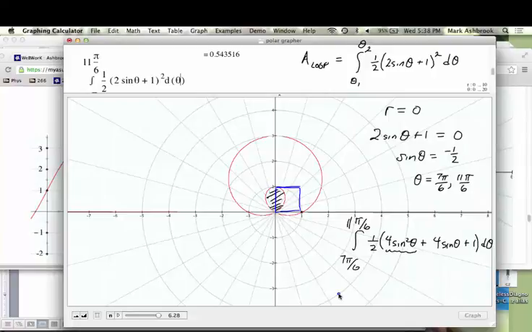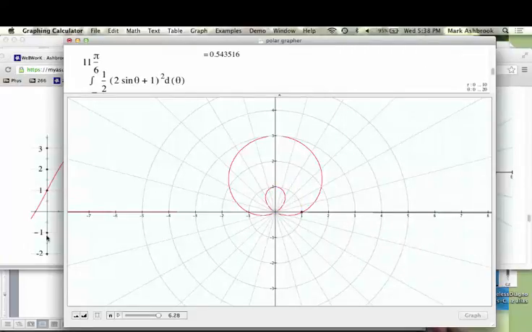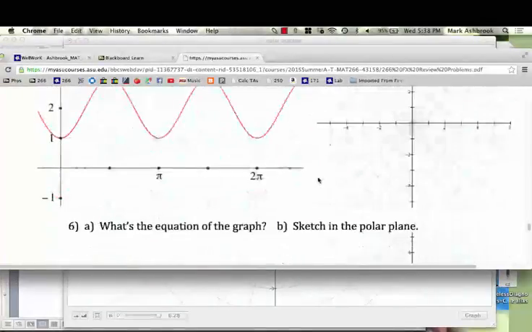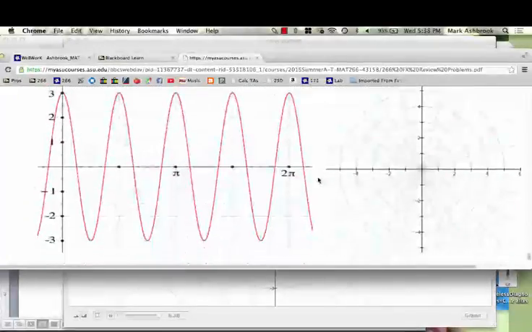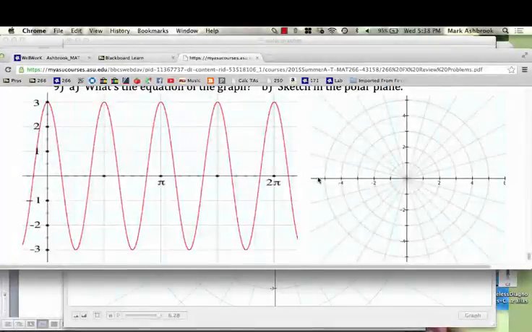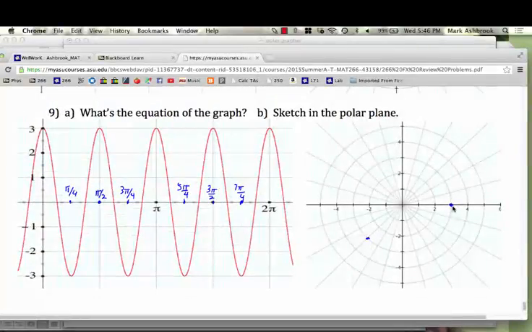Let's do another one. This one is 0, so it's going to decrease to 0, and then keep decreasing to -3 by the time it gets to pi over 4, so something like that.